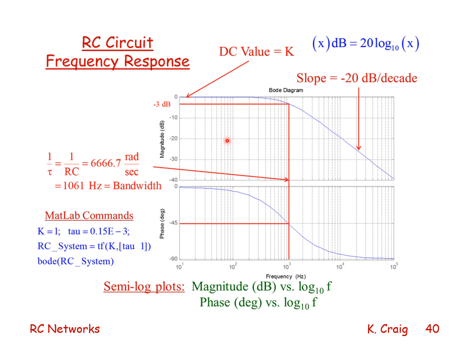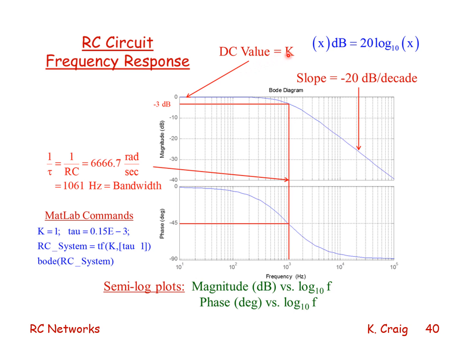The curve for a first-order linear system looks like this. It is flat, and at the bandwidth, which is 1 over tau, 1 over RC, in this case, 6,666.7 radians per second, which is 1061 hertz, the amplitude is dropped minus 3 dB from the low frequency value.